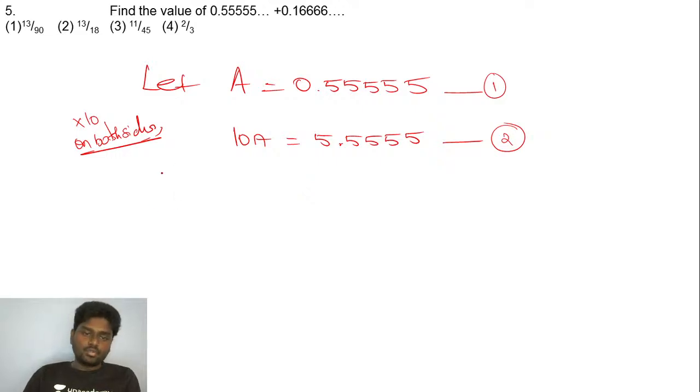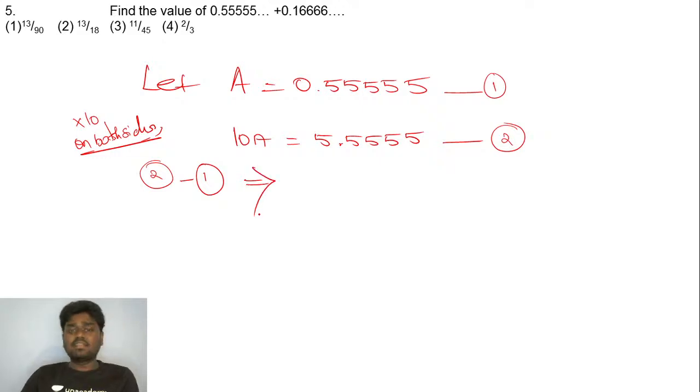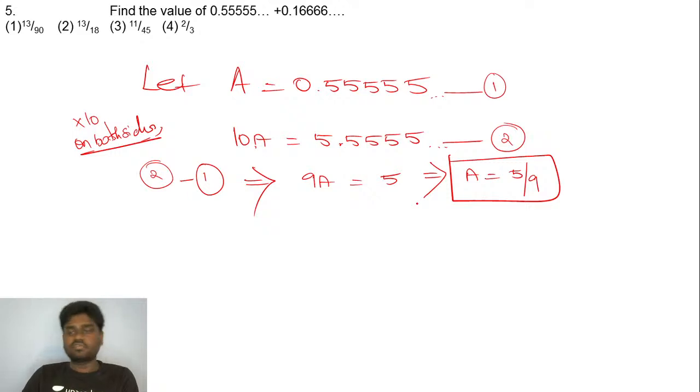If I do 2 minus 1, what exactly will I be getting? 10A minus A will give me 9A, which is equal to 5.555, it goes on. So all the fives after the decimal will get cancelled, and I'll be left with 5. As that, can I say A is equal to 5 by 9?